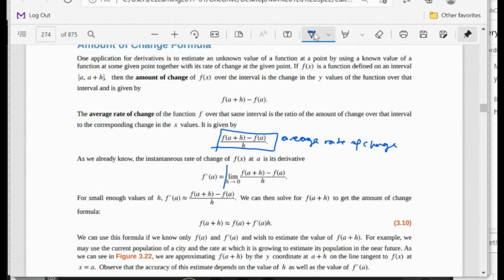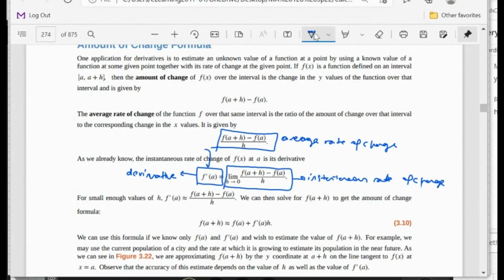As h goes to 0, as this interval decreases, you find the instantaneous rate of change, which is given by f prime of a, and which has a special name, the derivative of the function at that point.